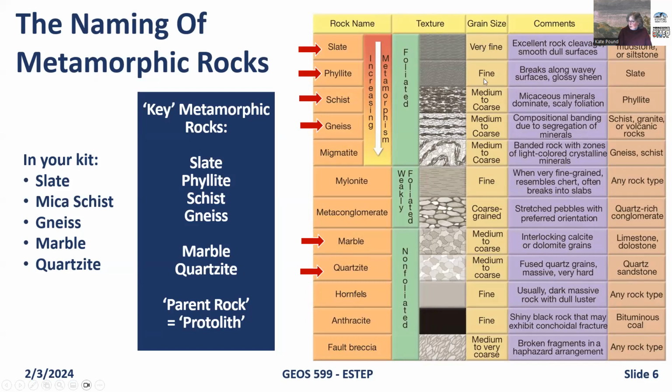So here's information on the overall grain size, and there's some useful comments here. And over on the right, it has the likely or most likely parent rock. In other words, protolith. So that's an important table to just get your brain around.